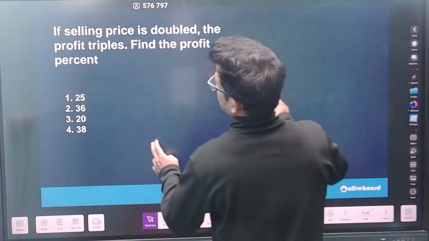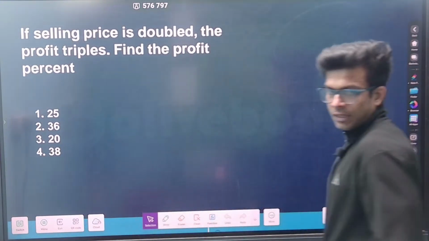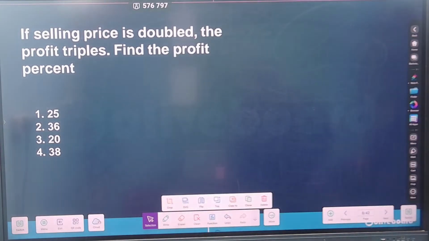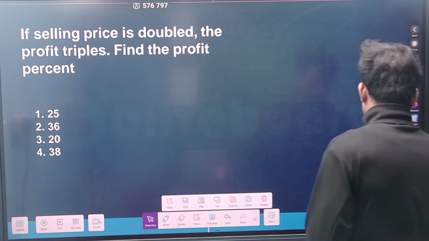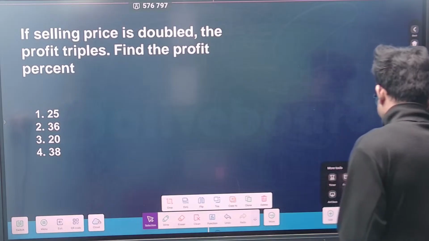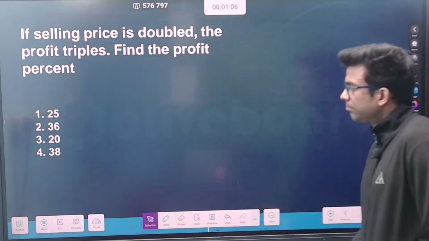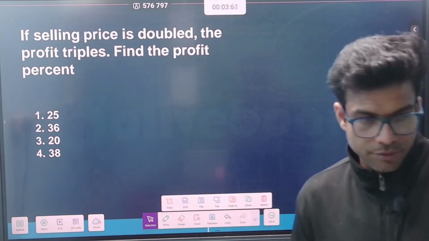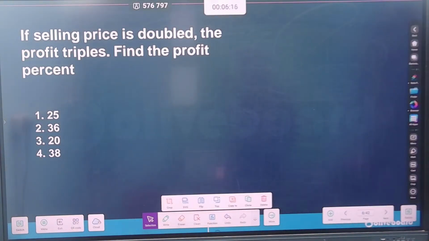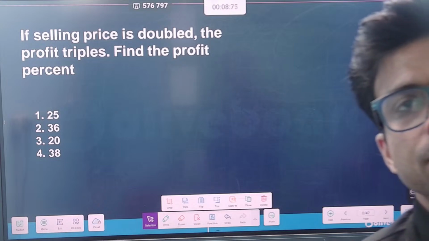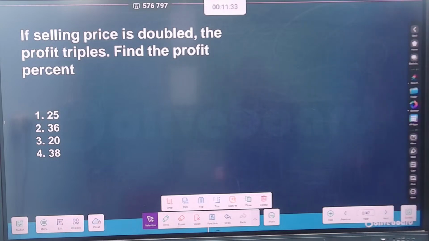Come on, solve. Based on the same level, can you solve? Let me give you the timer again. I'll give you like 1 minute of time again. Time is running. Come on, try. Same question, not rocket science.